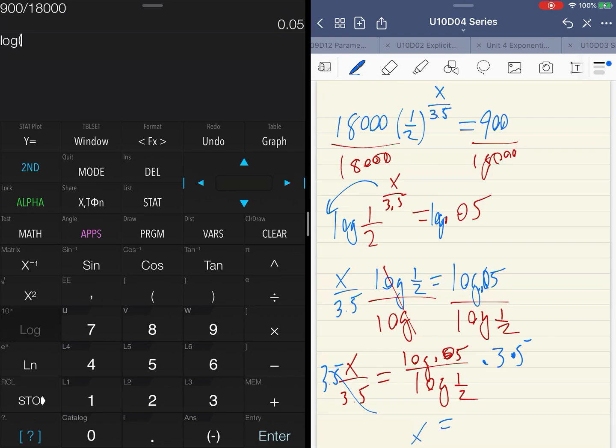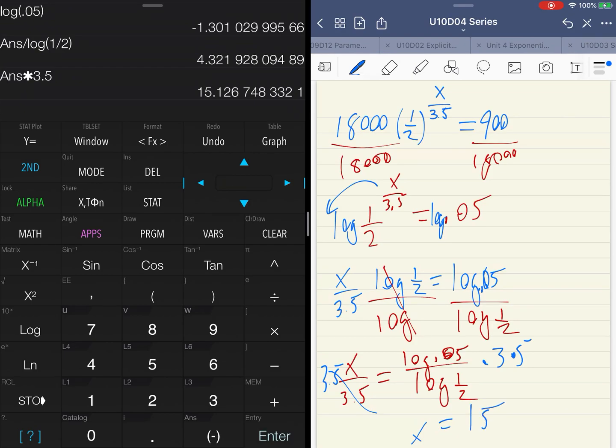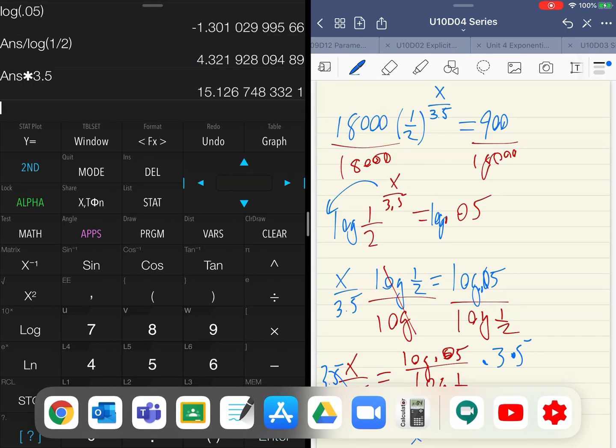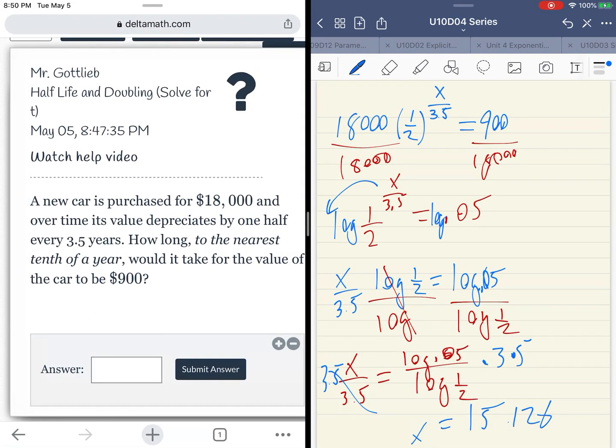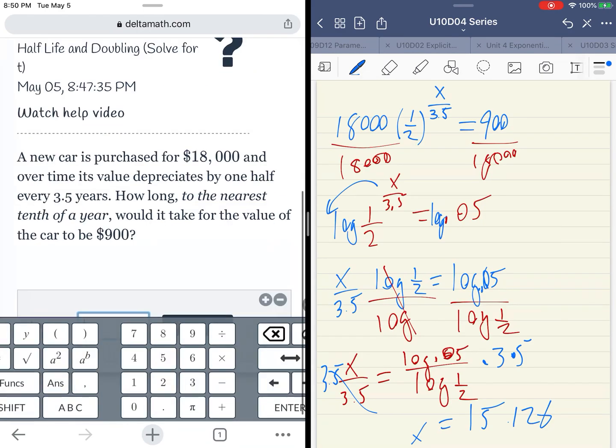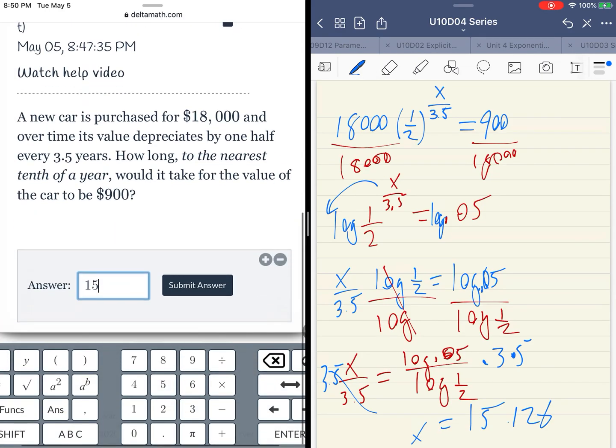We're left with x equals log of 0.05, I left out the point, very important, 0.05, all of that divided by log of 1/2, and then multiplied by 3.5, and I get 15.126. Because the way this problem was asked, it says to the nearest tenth of a year, so it's probably going to be 15.1.